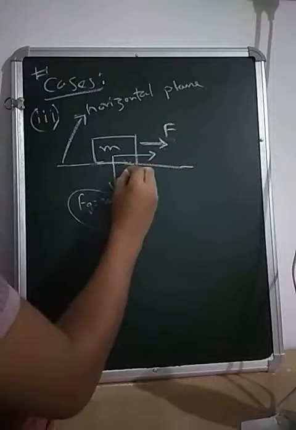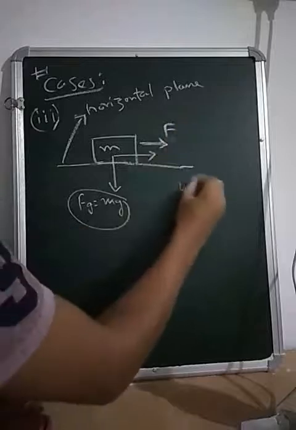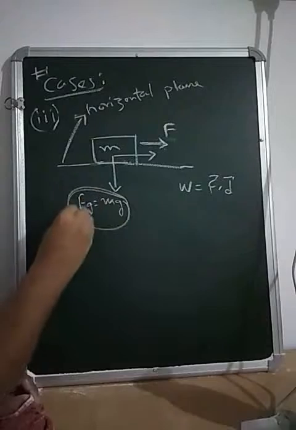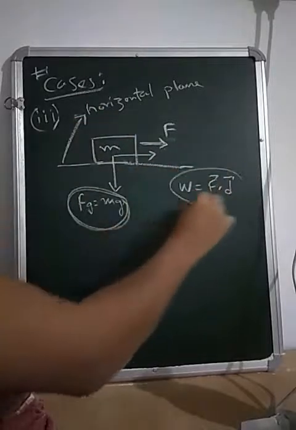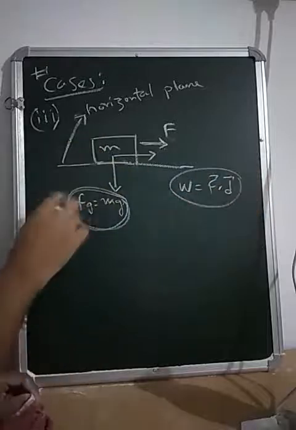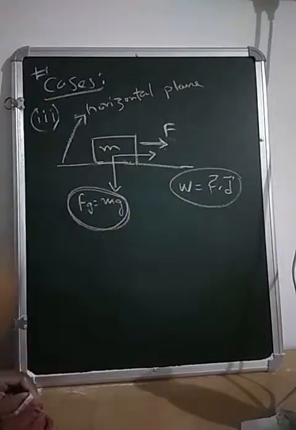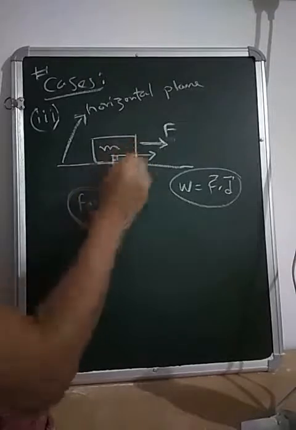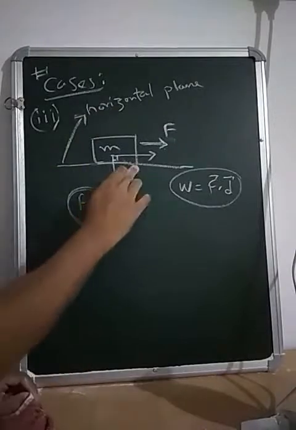When we calculate the work done, we write F dot D. There is no effect of the gravitational force mg in this case, because the direction of displacement and the gravitational pull are perpendicular to each other, with an angle of 90 degrees between them.